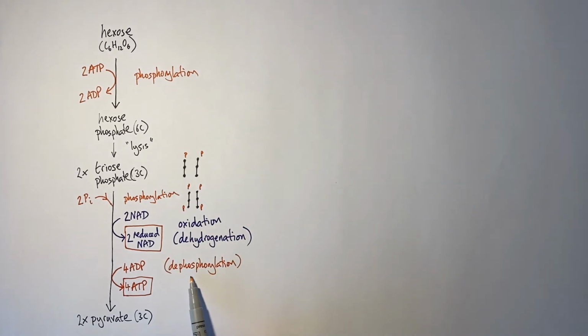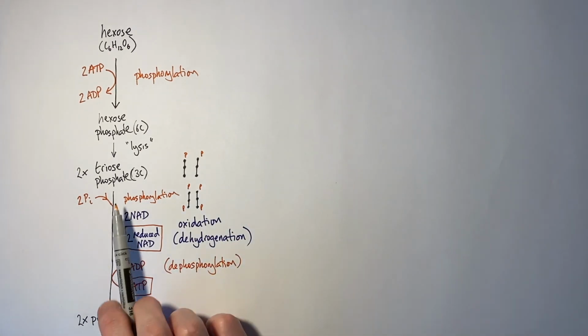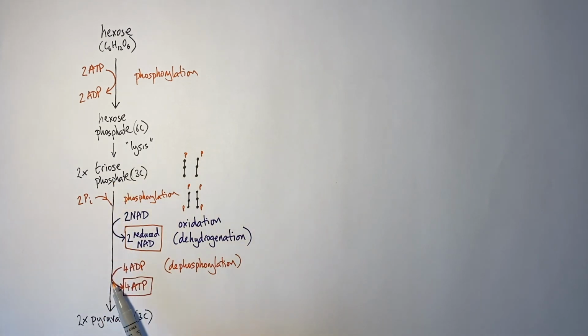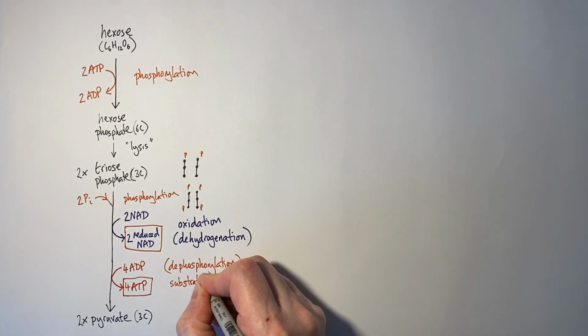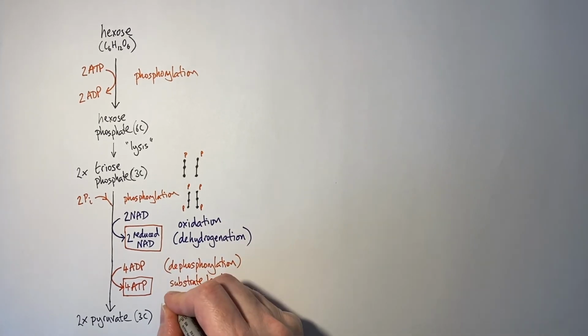Now that's a dephosphorylation of the molecules, triose phosphate or whatever remains of them, because other things have been going on before here. And it's an example of substrate level phosphorylation.